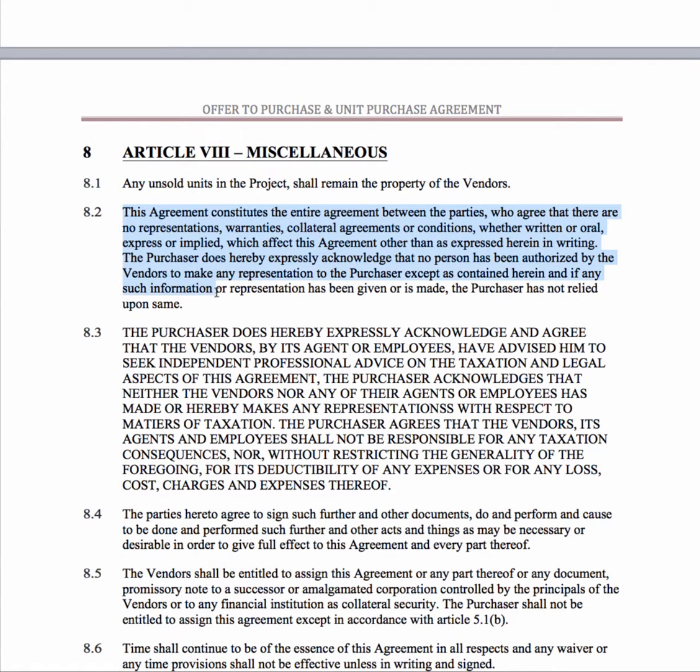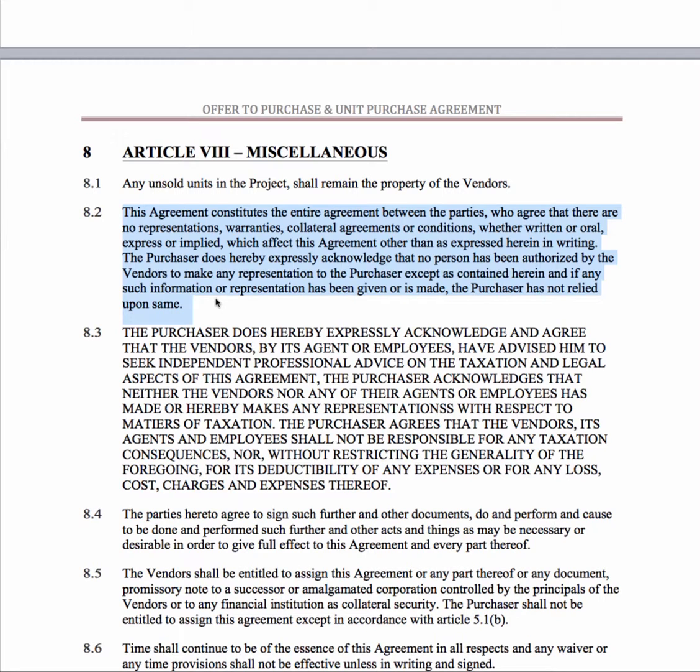This agreement constitutes the entire agreement between the parties, who agree that there are no representations, warranties, collateral agreements, or conditions, whether written or oral, express or implied, which affect this agreement other than as expressed herein in writing.